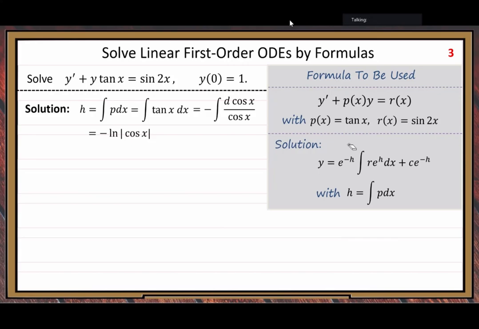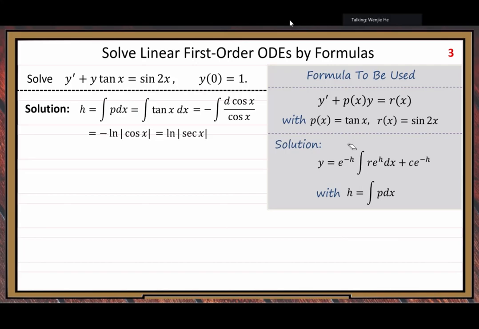In this example, I mainly want to explain how to handle this absolute value, because other things are not hard. We need to pay attention to when we can remove the absolute value and when we cannot.